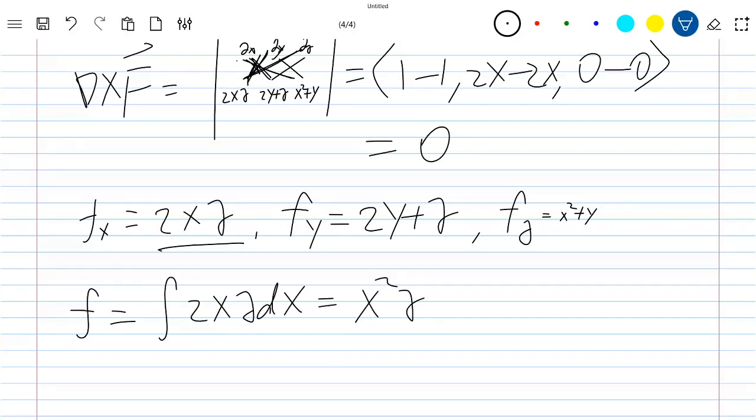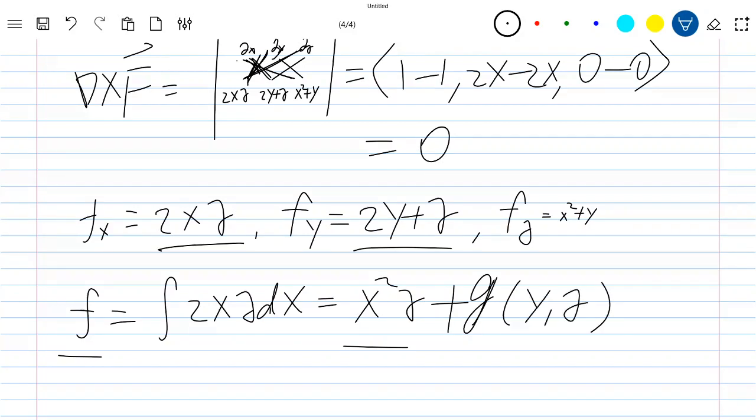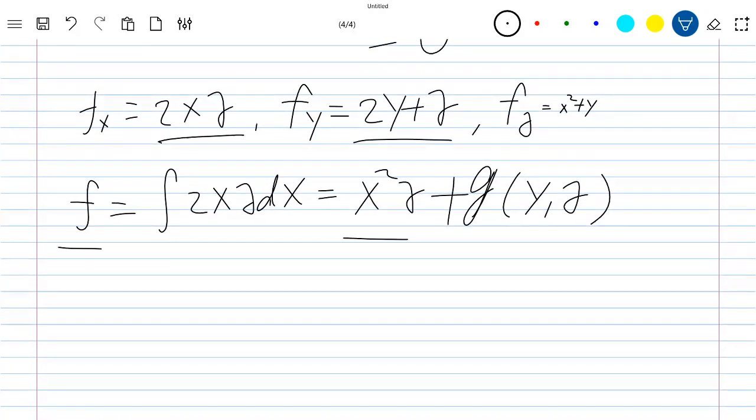But if you just do that, then take its y derivative, you don't get that, right? You don't get anything at all. So you have to add an arbitrary constant, but in this case, it's a constant for x, not for y and z. So you can have an arbitrary function of y and z.